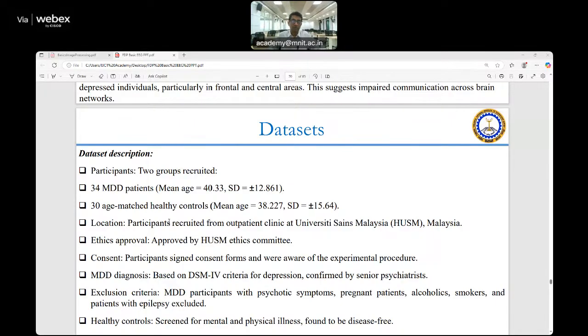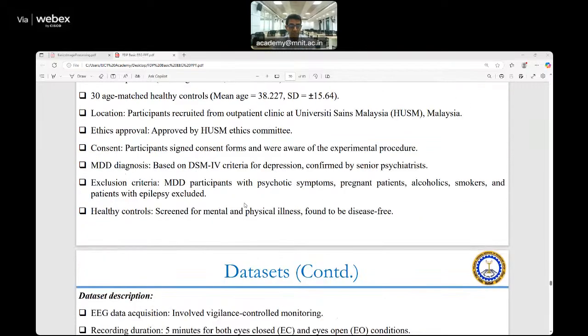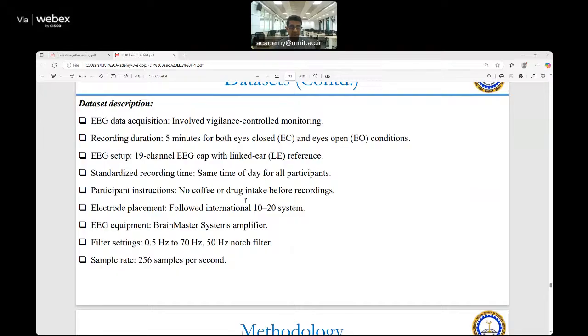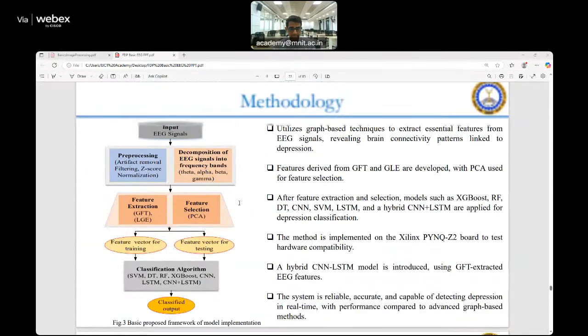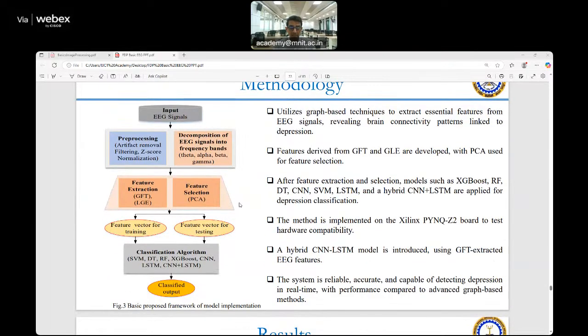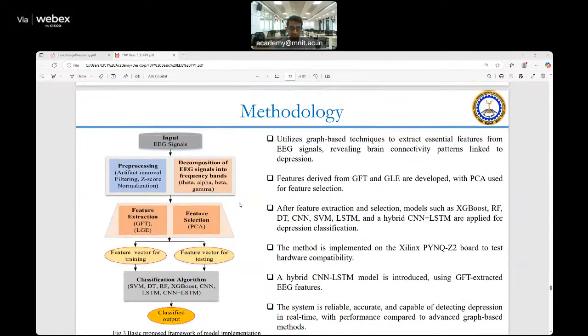Ethics approval: it was approved by the ethics committee. Consent: participants signed consent forms and were aware of the experimental procedure. This is regarding the data set. Again, the methodology has been explained.